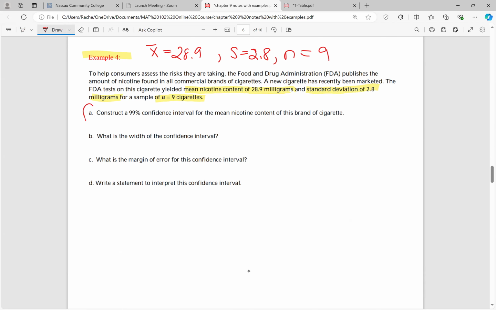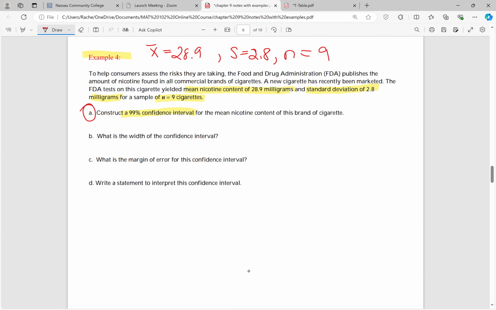So what we want to do is construct a 99% confidence interval for the mean nicotine content for this brand of cigarette. So not just for the 9 cigarettes, I already know what the mean is. It's 28.9 milligrams. I want to use this sample information to construct a confidence interval for the mean nicotine content of all the cigarettes in this brand.